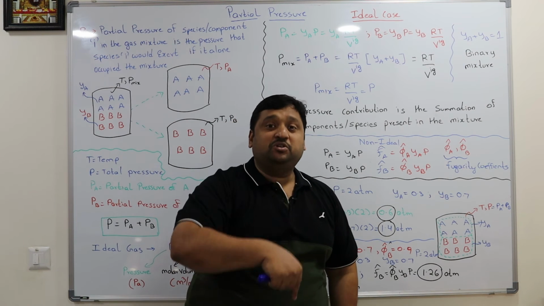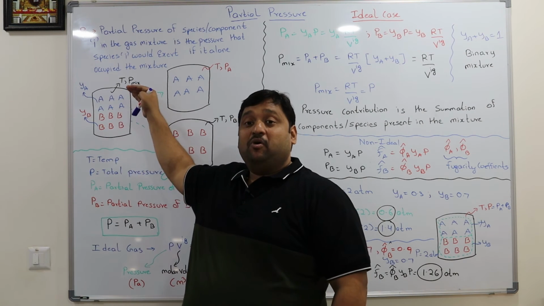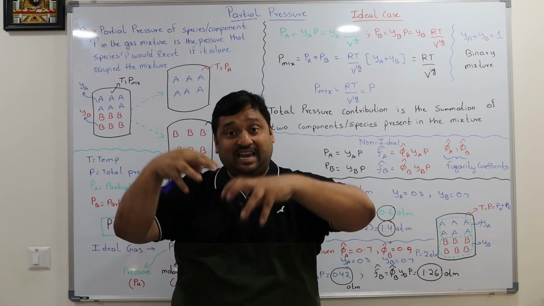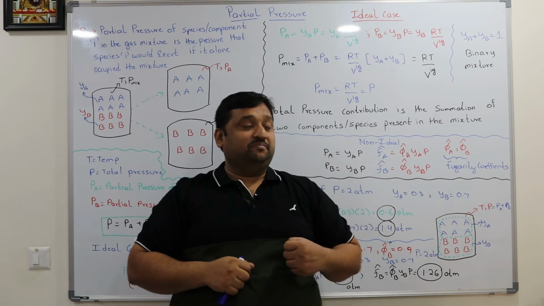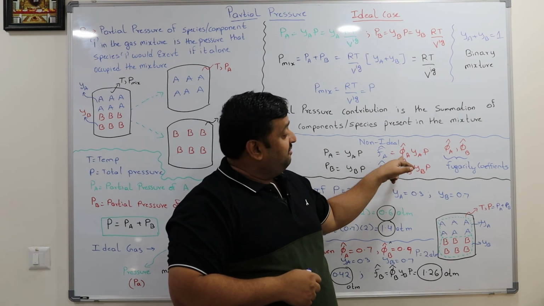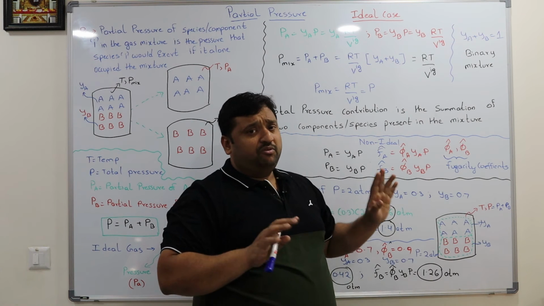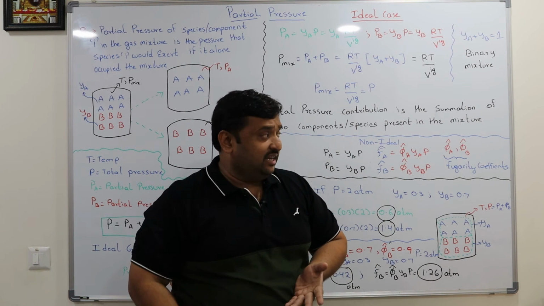Phi A is the fugacity coefficient. The non-ideality of the molecules A and B is clubbed in this fugacity term. This F A is called the fugacity of A, and Phi A is called the fugacity coefficient of A. The cap notation, don't worry about that, we will discuss the notation later.